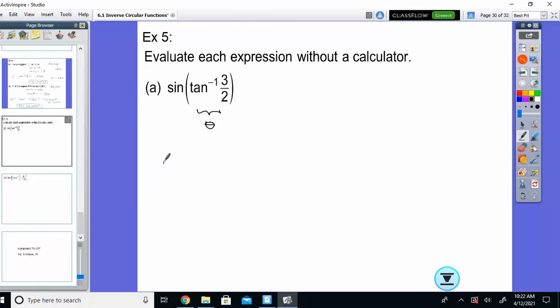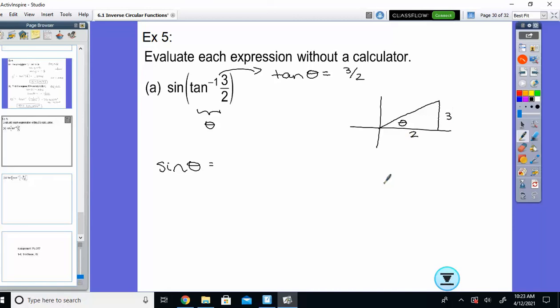We basically need to find sine of that angle. Without using a calculator, I'm not going to be able to find my angle exactly, but what this tells me is tangent from that angle is a positive 3/2. So if I set up a triangle, tangent is opposite over adjacent.